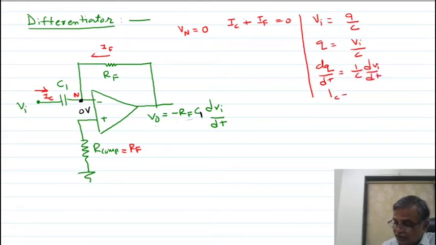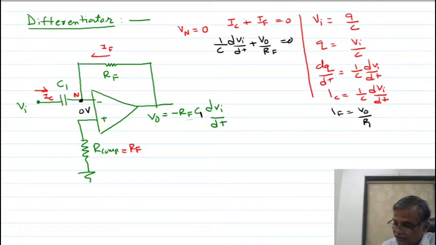This is your current. So this value is nothing but C1 dVi by dt, and this other value is Vo by RF. You know IF is nothing but Vo by RF.